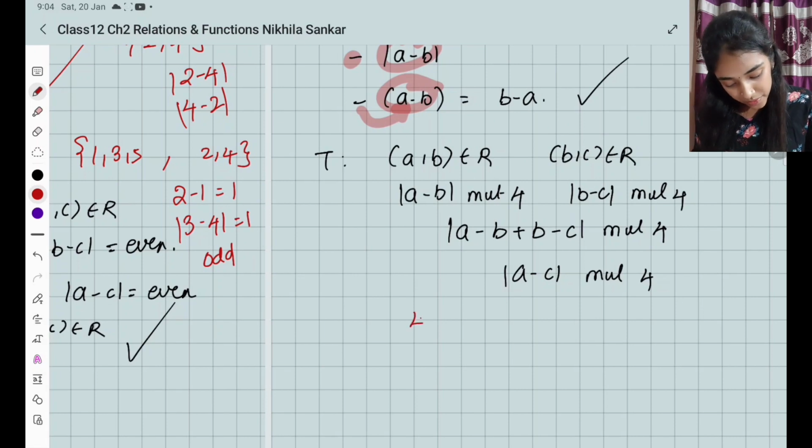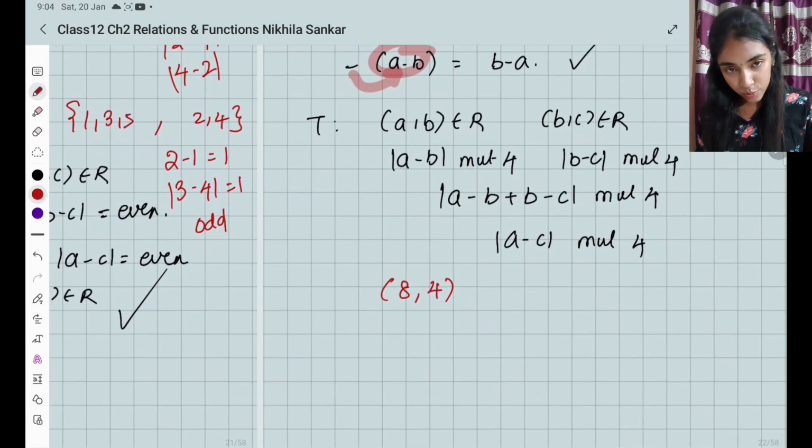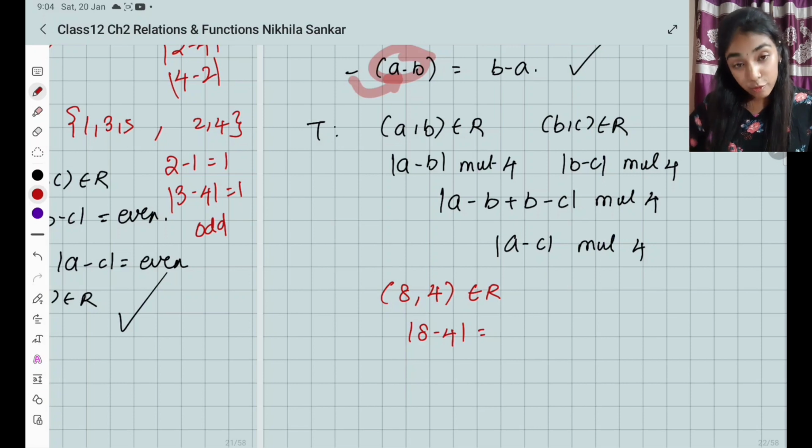So now let's take a value for a comma b. For example, let's take 8 comma 4. Okay, so 8 comma 4, what is the value here? x goes from 0 to 12. So you can take 8 comma 4 belongs to R, which means 8 minus 4 is a multiple of 4. First we have to take a condition of multiple of 4, only then it will be satisfied.